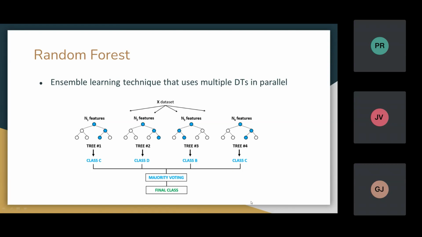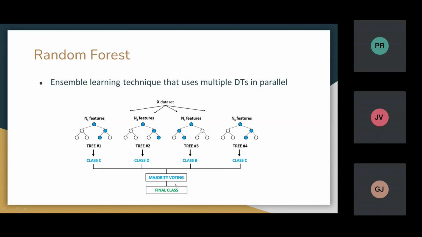Now I have a collection of decision trees which can work simultaneously for classification. Obviously, each decision tree would produce its own outcome, its own class labels. So I combine all these outputs from each tree to decide the final class.